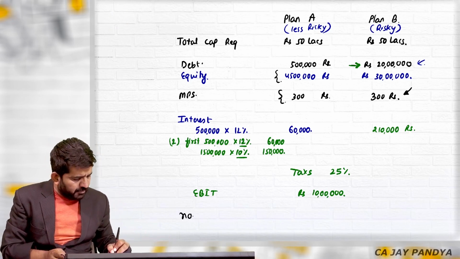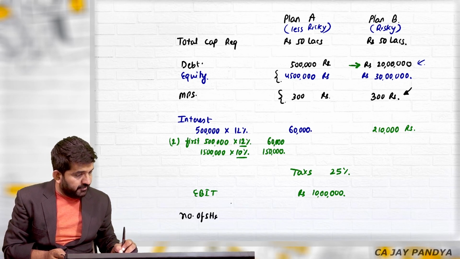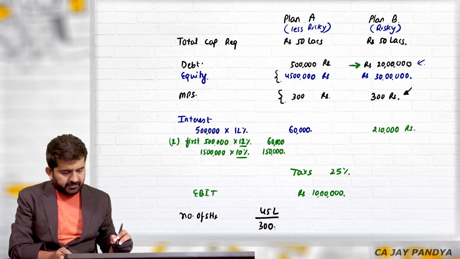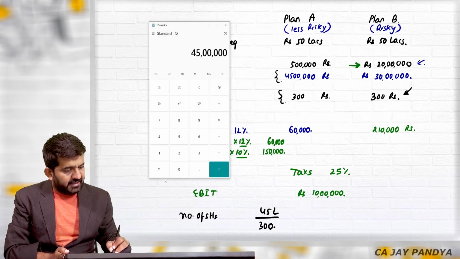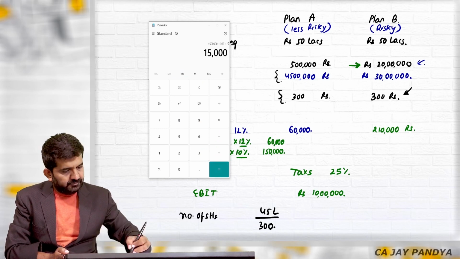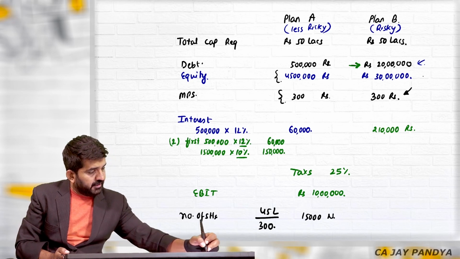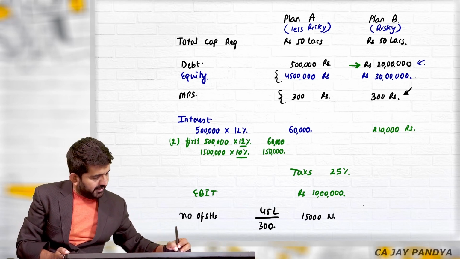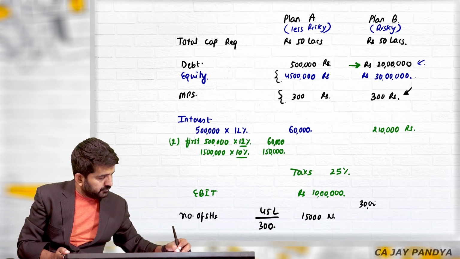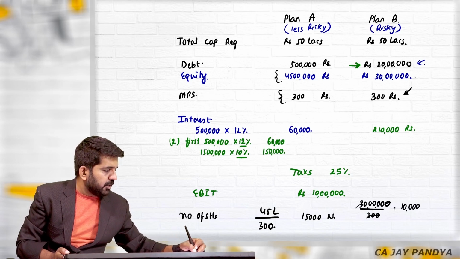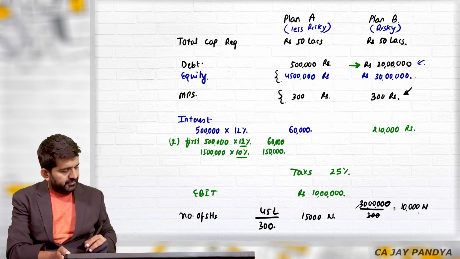Then how many shares are to be issued in plan 1? 45 lakhs divided by 300, which is 15,000 shares. Here it will be 30 lakhs divided by 300, which will be 10,000 shares.